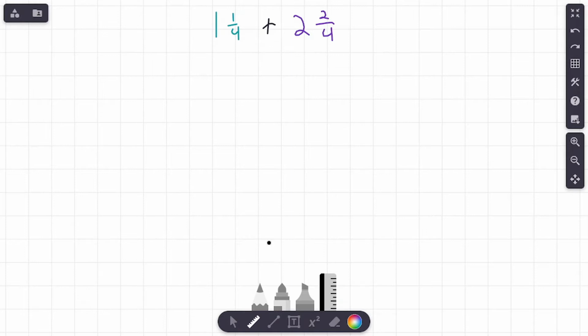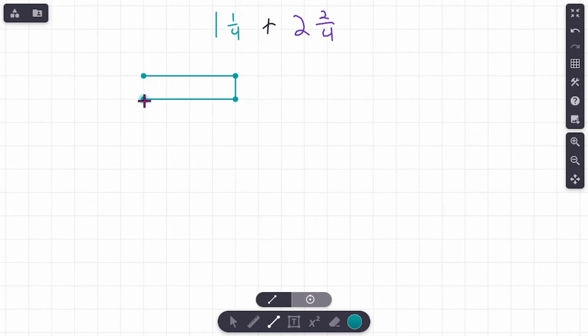I got the wrong thing. Give me 1 second. There we go. All right. So we need one whole, and we know that's going to be divided into 4 equal sections because our denominator tells us that. So there is one whole. Let's shade in that one whole.